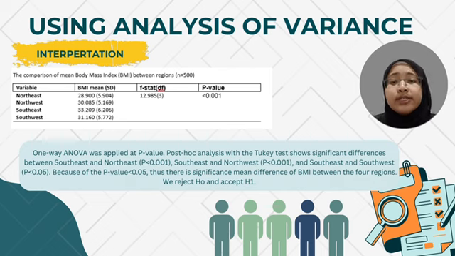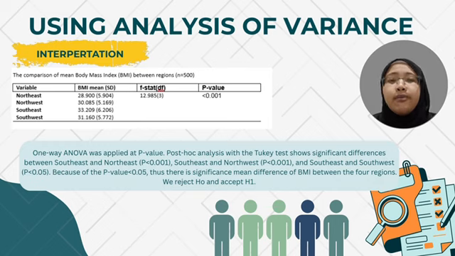The p-value is less than 0.01, which means that there is very strong evidence of a significant difference in average BMI between regions. So the one-way ANOVA was applied. Post-hoc analysis with a Tukey test showed a significant difference between Southeast and Northeast, with p-value less than 0.01, Southeast and Northwest, with p-value less than 0.01, and Southeast and Southwest, with p-value less than 0.05.